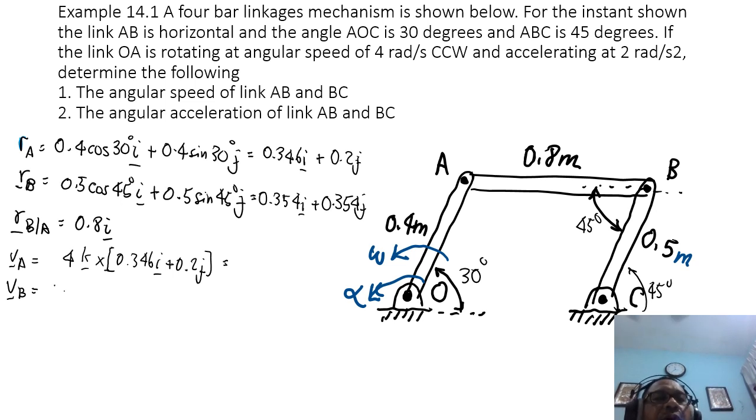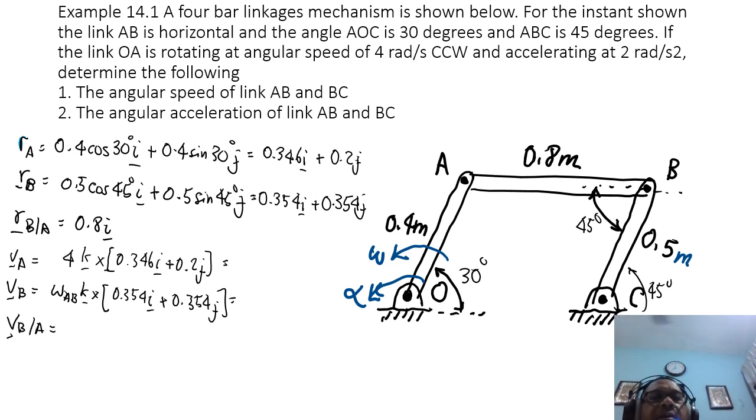I assume it's omega BC K cross position vector B, which I know: 0.354 I plus 0.354 J. And I know what VB relative to A is.